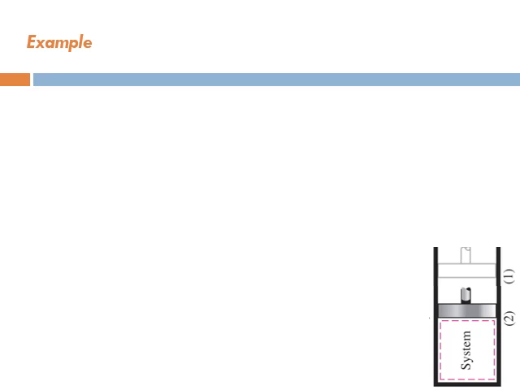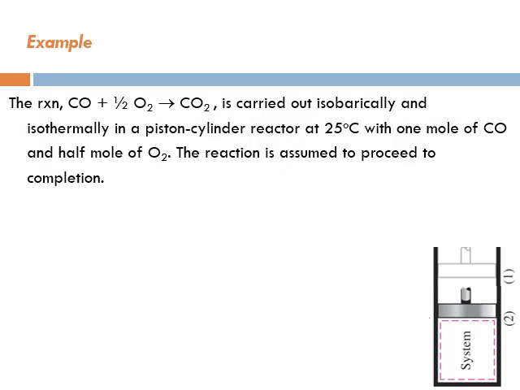Okay, so let's take the first example here. The reaction CO plus half O2 gives you CO2. It's carried out isobarically and isothermally in a piston cylinder reactor at 25 degrees C with 1 mole of CO and half mole of O2. The reaction is assumed to proceed to completion.